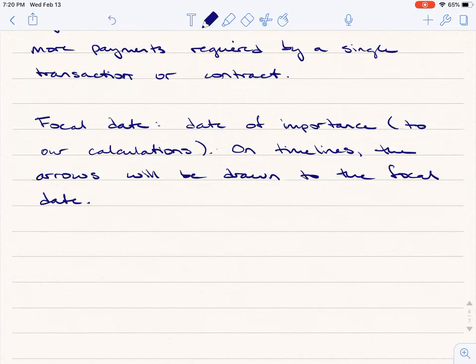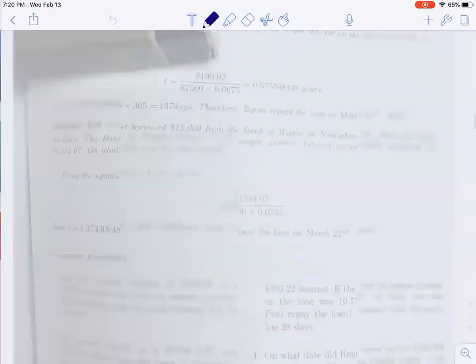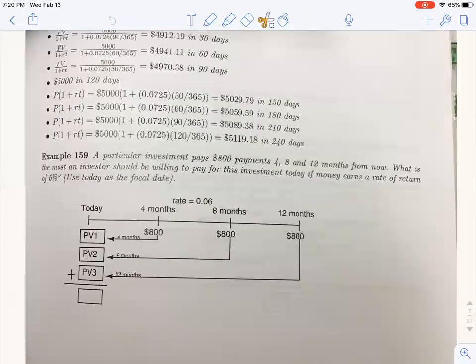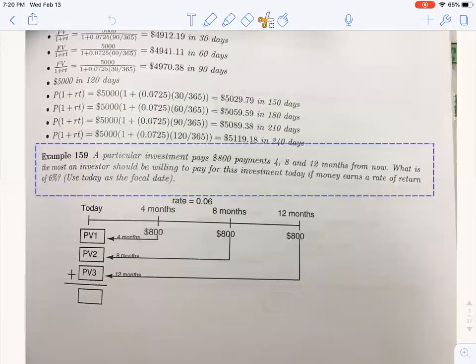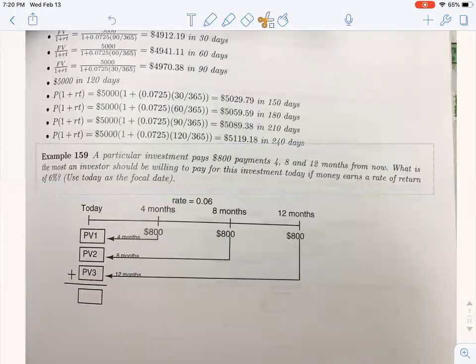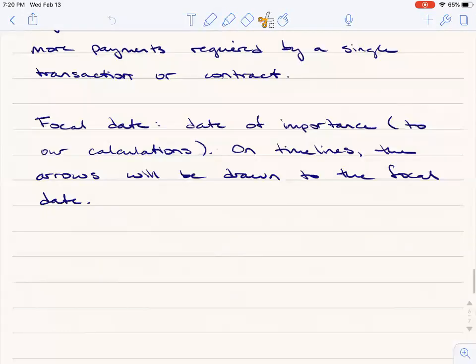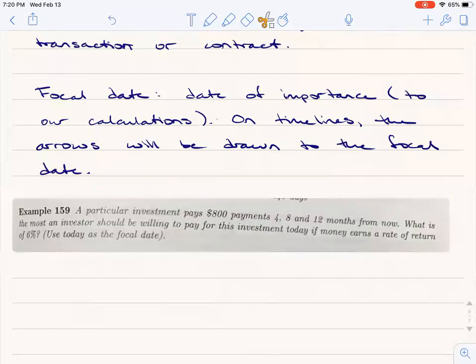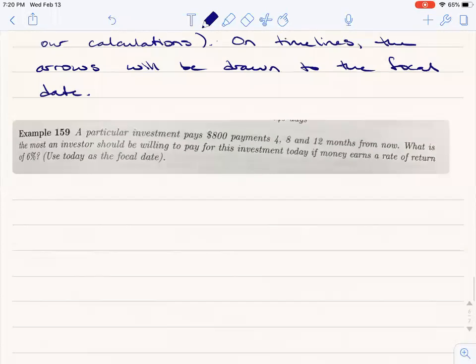Let's do example 159. So, a particular investment pays $800 payments for 8 and 12 months from now.